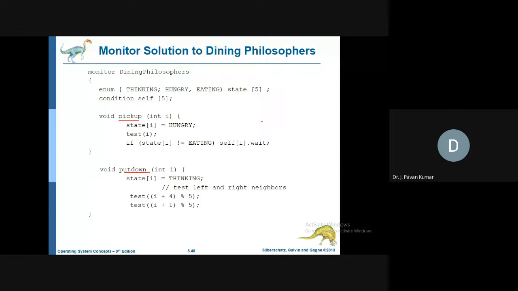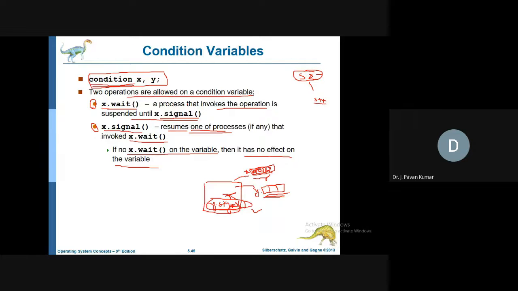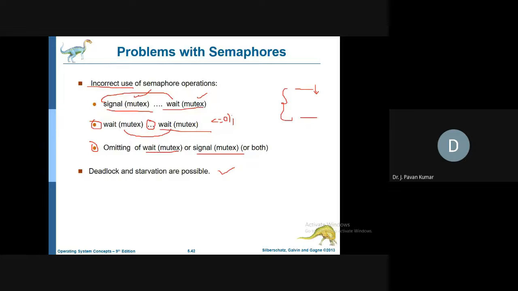That is the advantage of using monitor over semaphore. Is this clear? These procedures are fixed, they cannot be altered, so that the incorrect use of semaphores we have seen earlier, like signal mutex or wait mutex, will not occur in monitors. That is the main advantage of using monitors over semaphores.